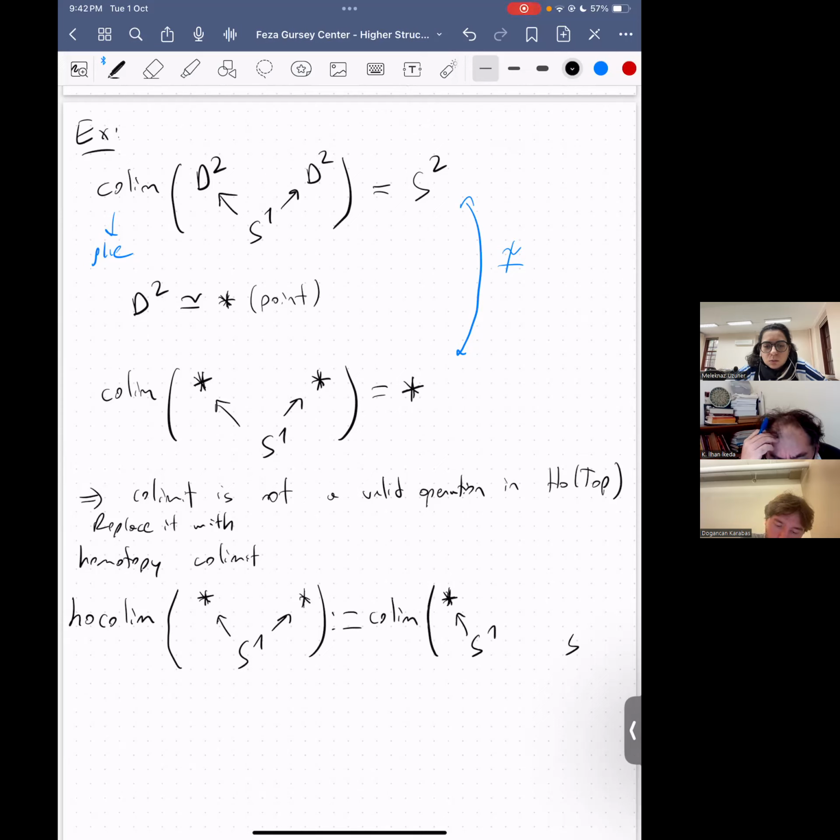I take this part of this diagram, but I put in between the cylinder of S1. I make a relaxed gluing, not like directly glue. First, I put something in between, then I glue, like a relaxed gluing. So this is the cylinder of S1.